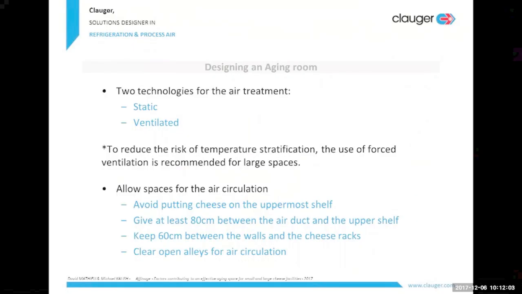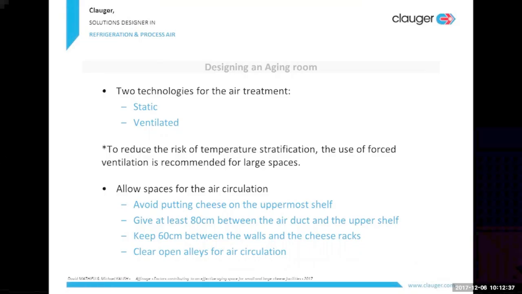When you build an aging room, you have two main technologies: static cooling, and ventilated cooling or heating. To reduce the risk of stratification, we use forced ventilation for large spaces. Static cooling really works only for a small facility, because with static cooling you will have a lot of temperature differential between the top and the bottom of your cave.